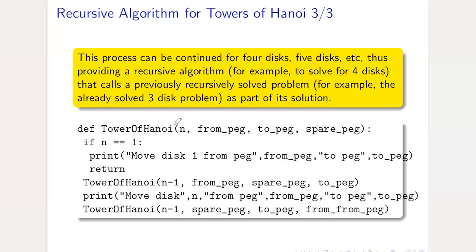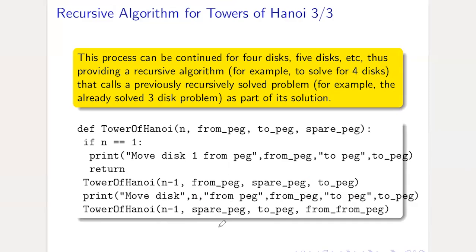Okay, so when you are looking at this code, always remember this: from peg, to peg, spare peg. So this is A, B, C. And when I first call Tower of Hanoi with n minus 1, this is still A, but this has been switched: A, C, B. This is A, B, C. This is A, C, B. And afterwards, this will become the spare one.